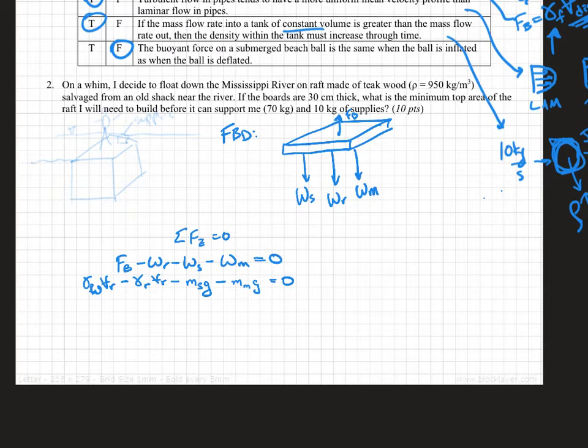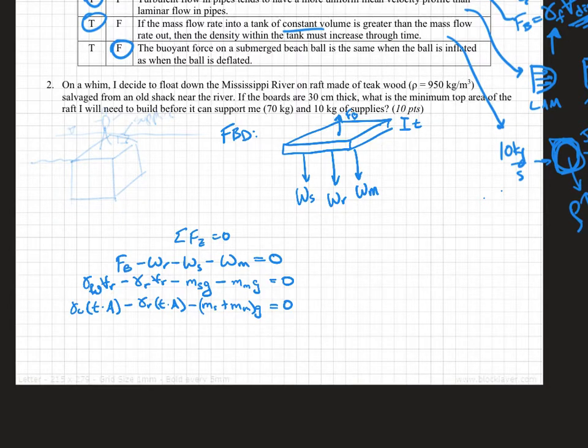Let's go one more step: gamma of water times the volume of the raft, which is the thickness of the boards, so we'll call that lowercase t, times the top area A, minus gamma raft times t times A, minus m supplies plus m me. I'm going to make that algebraically like it's all one thing. And then we just have to solve it, and we could combine the first two terms as well if we wanted to. I think that's how I did it in the key that I posted.